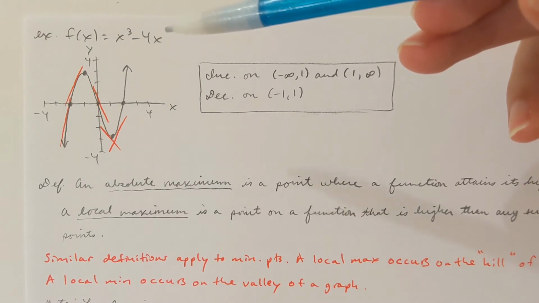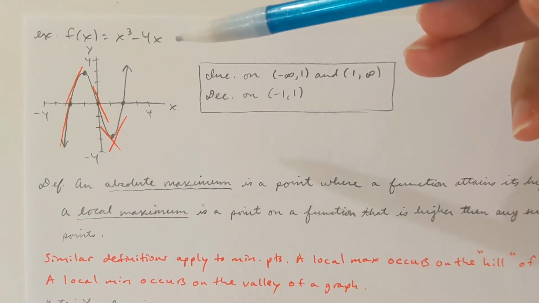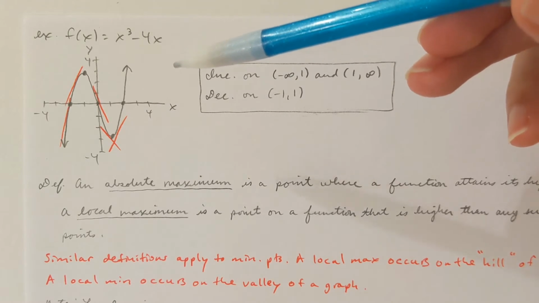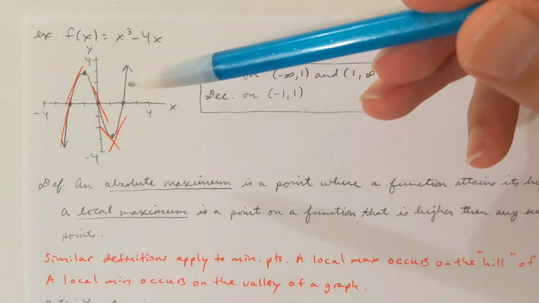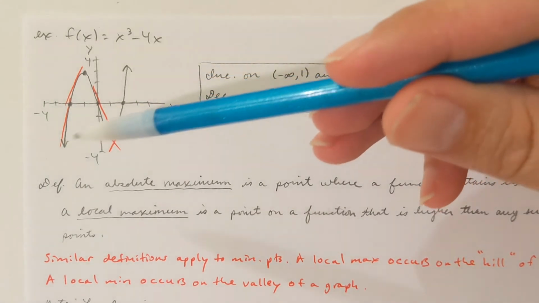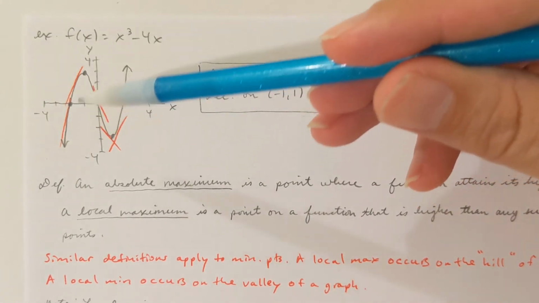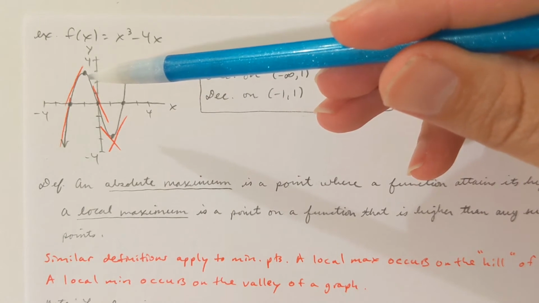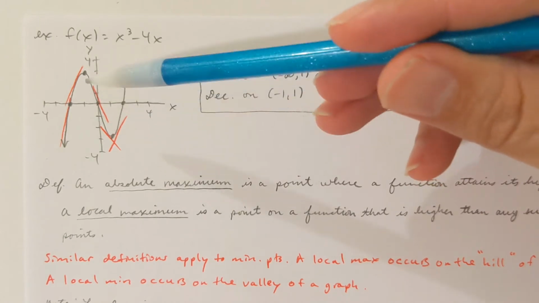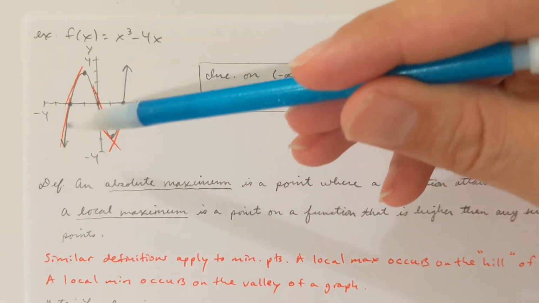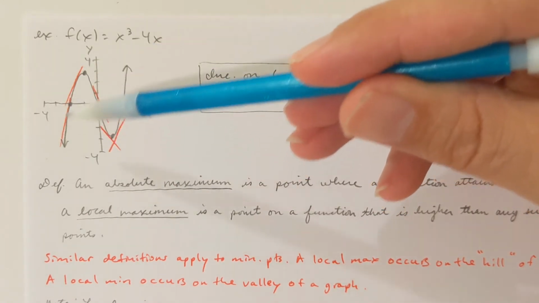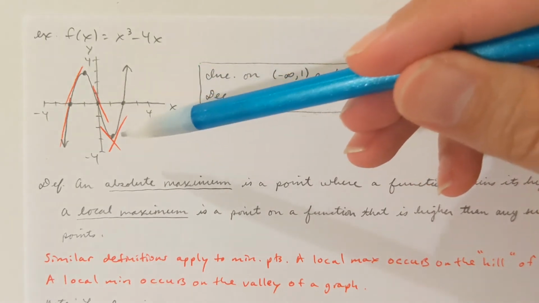F of x is equal to x cubed minus 4x. So let's see here. Where are we increasing and where are we decreasing? We're going to be increasing for values of x that are less than negative 1 or greater than 1. So take a look here. If I'm less than negative 1 and I draw a tangent line, it's going to have a negative slope on it.